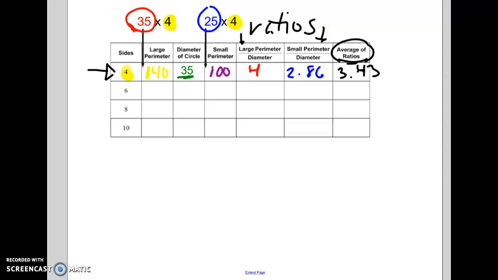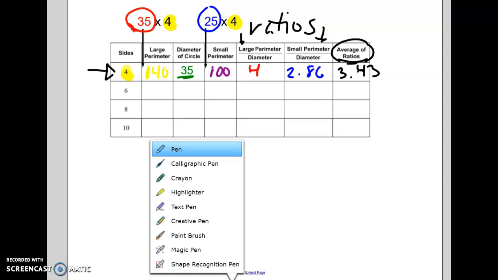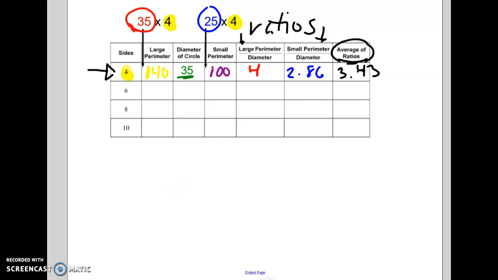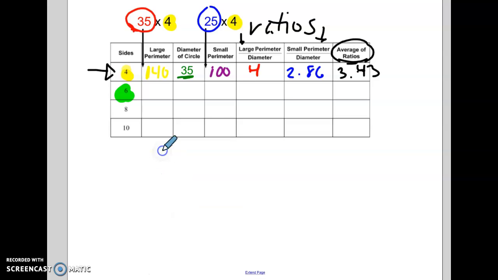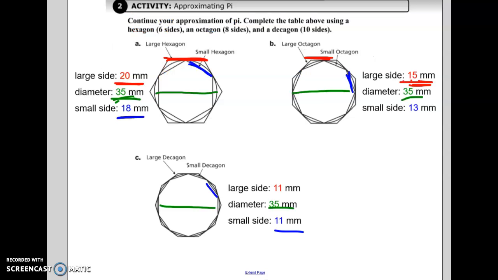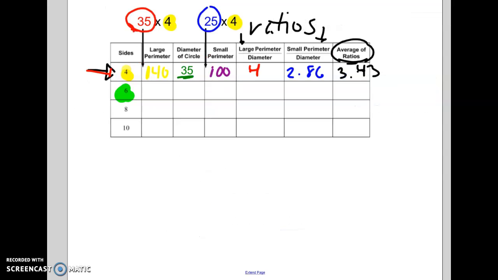So let me talk you through this chart one more time. So for the 6-sided shape, to find the perimeter, let me change colors here. Now to find the perimeter of a six-sided shape, knowing the length of one side, this is where you're going to not multiply by 4 like we did with the square, but you're going to take the length of your side, which on this first six-sided shape, the length of my side is 20.